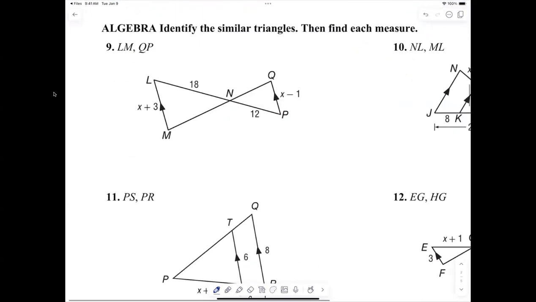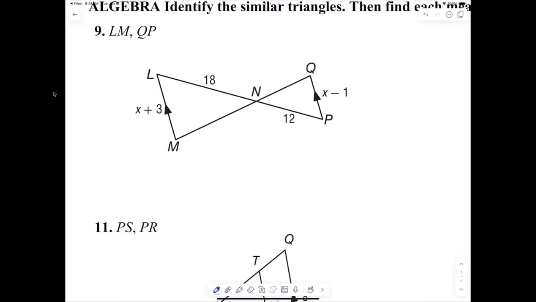Now you see the difference here, correct? Do we have parallel lines? So we know that L is congruent to what? P. And we know that M is congruent to what? Q. And of course, these are vertical angles. So now we know they are proportional. So now I need some help setting up this proportion, please.